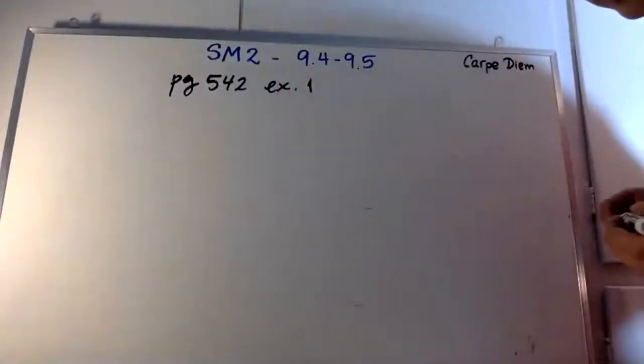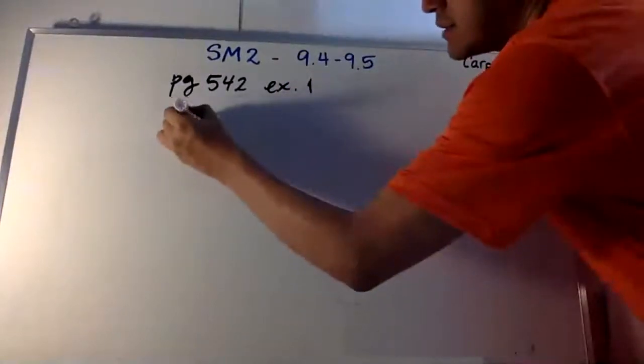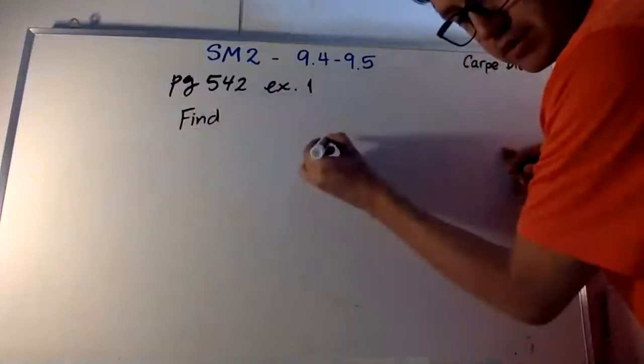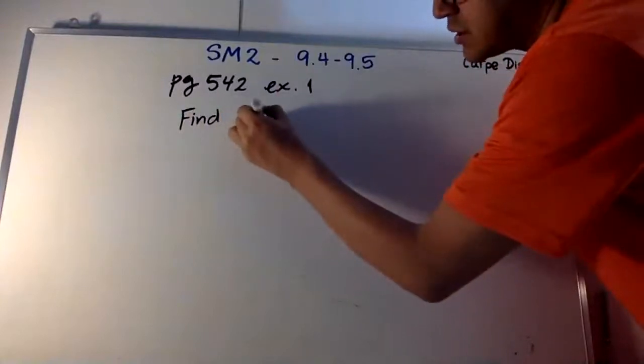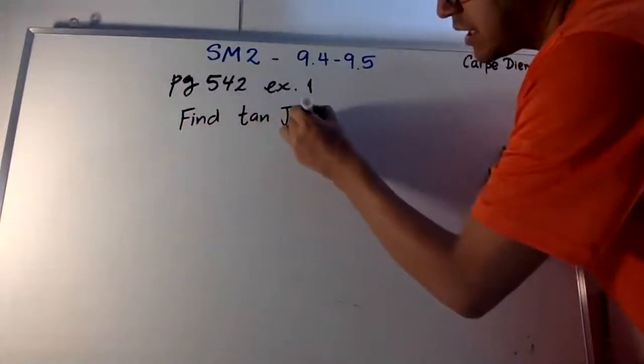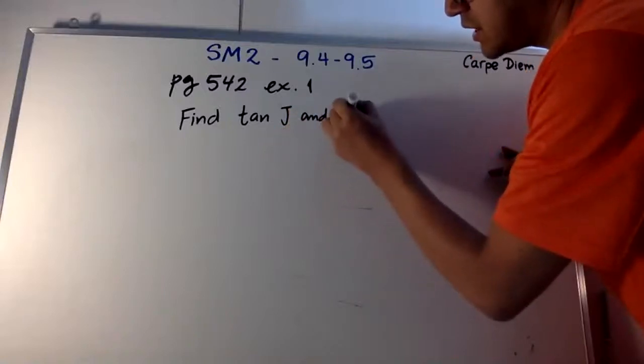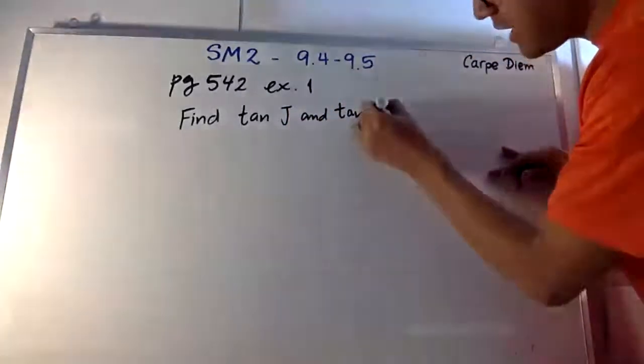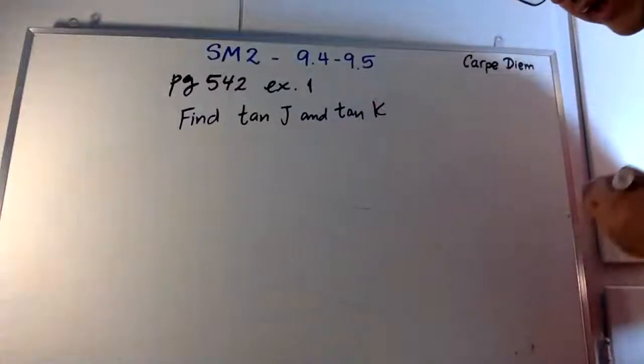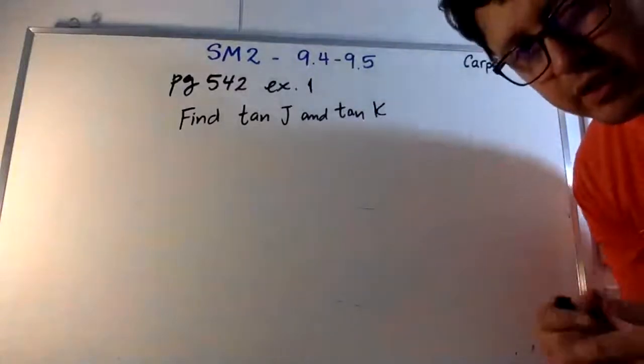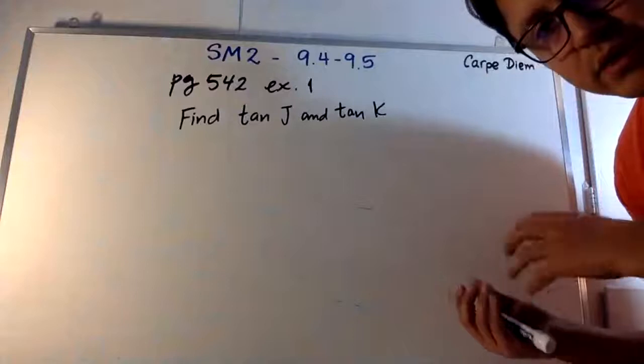Exercise 1. What is the question? We are asked to find what tangent of J and what tangent of K is. And I will go over that by the end when we report the answer.